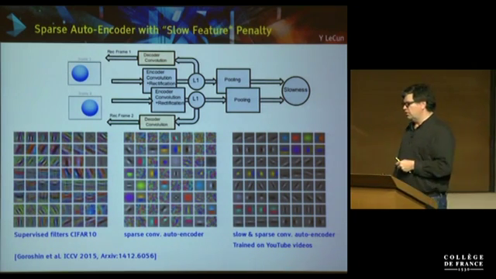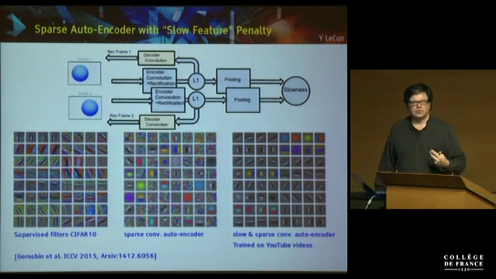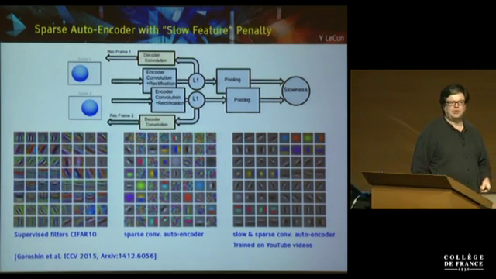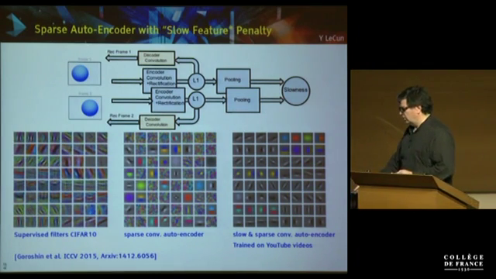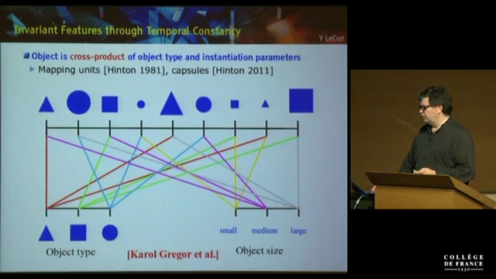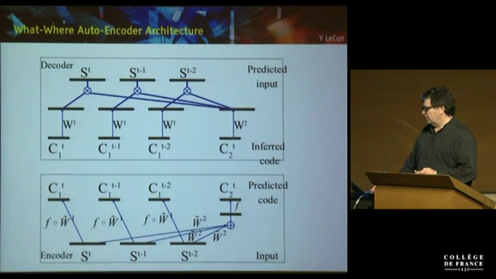A technique for trying to learn, well, unsupervised features, that's good, but we like to learn invariant features with respect to certain transformations. This is what we call slow feature analysis.